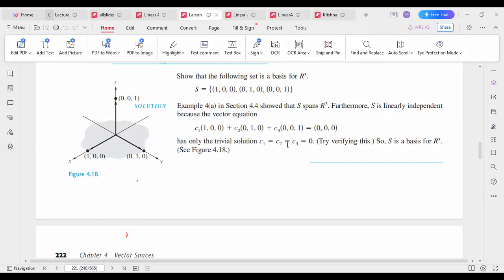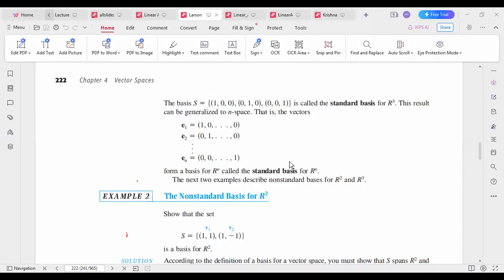This is why S is linearly independent, and S is the basis for R3 because S can be written as a linear combination also. So the basis S is called the standard basis for R3 space.